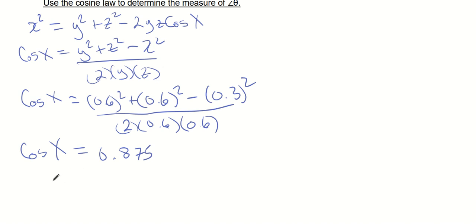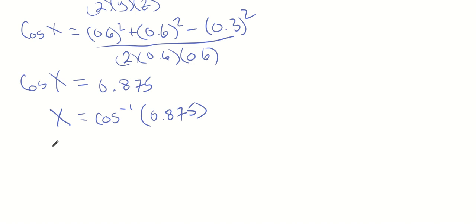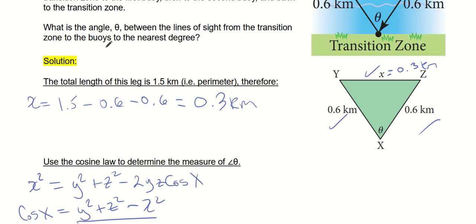To find x, you do the inverse of cos, which gets rid of the cos there, on 0.875. That gives me a value of 28.955, and I believe it wants you to round to the nearest degree.